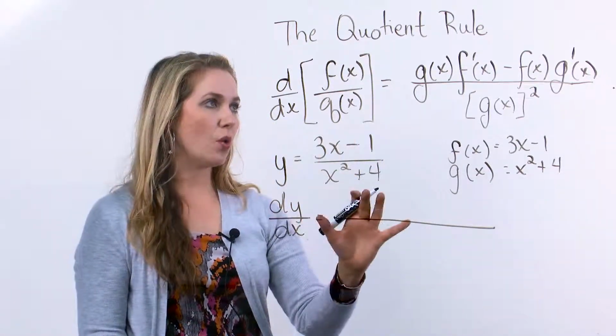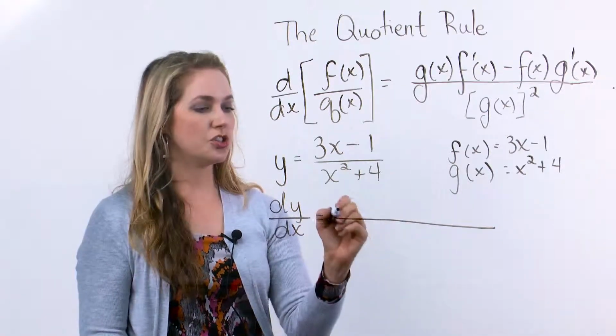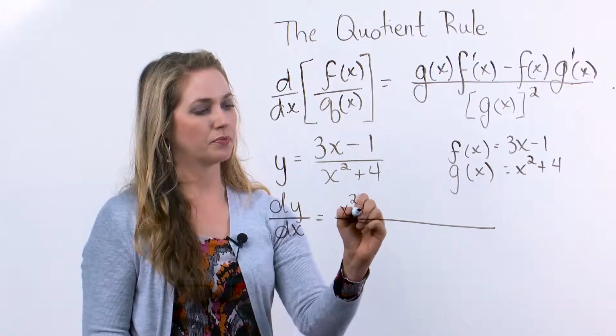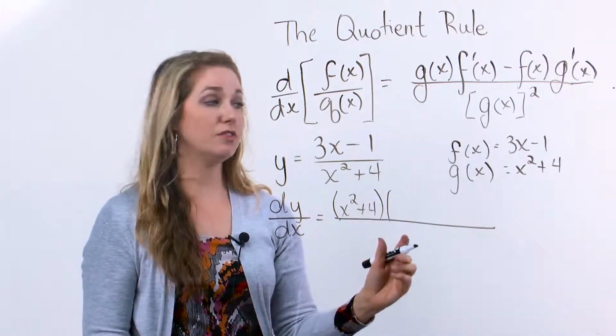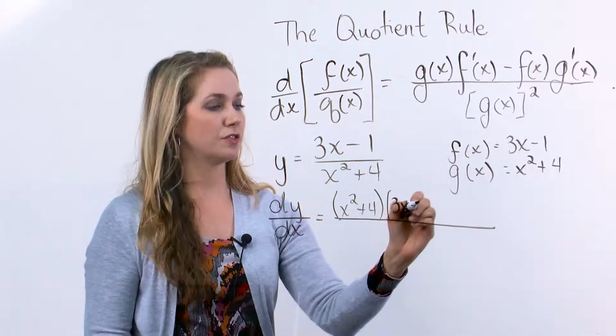So the derivative of the quotient would be the g of x times the derivative of f.